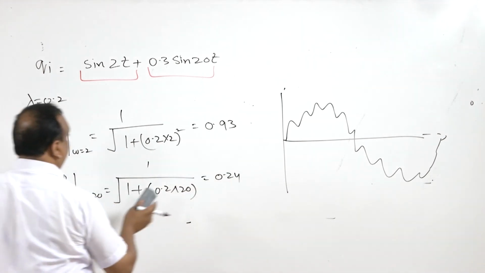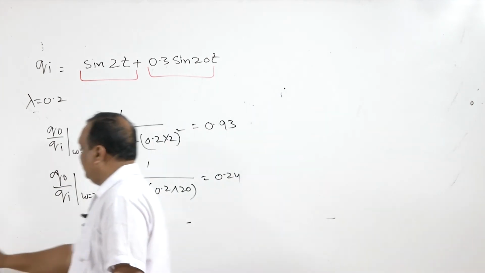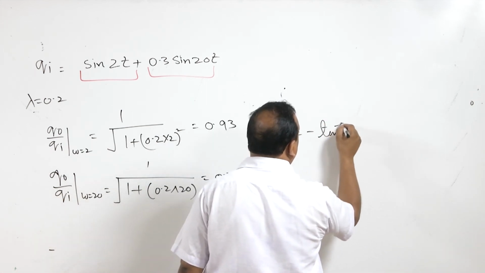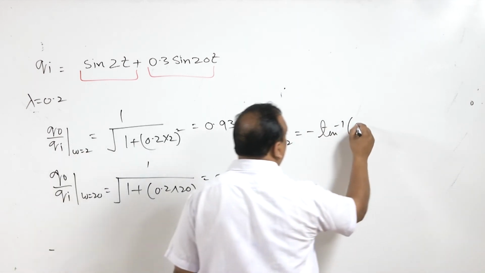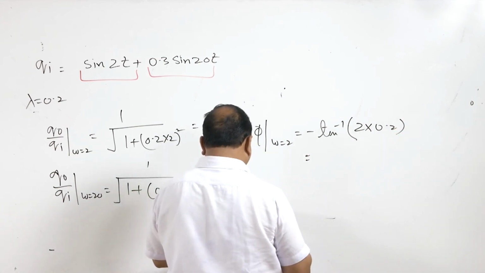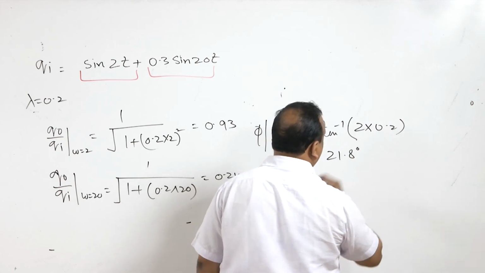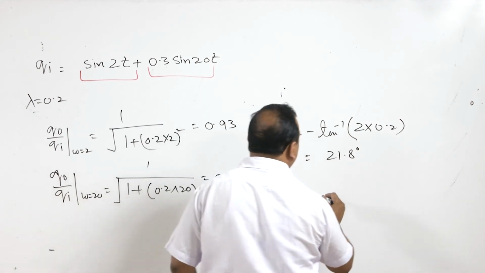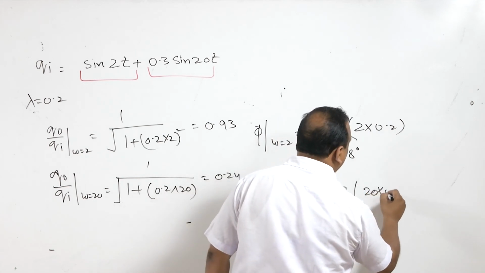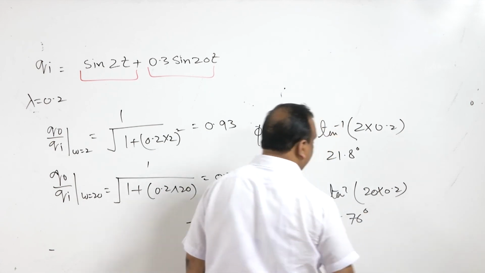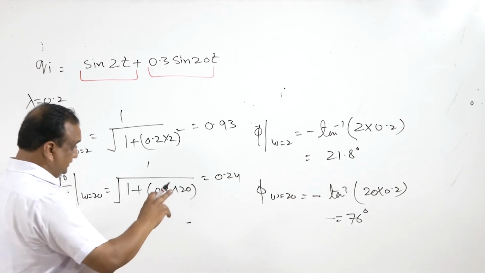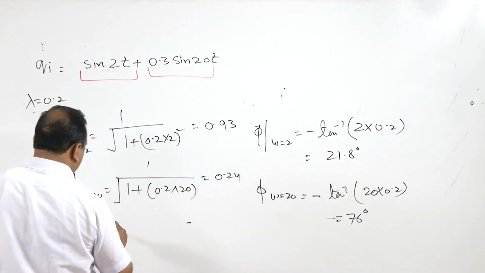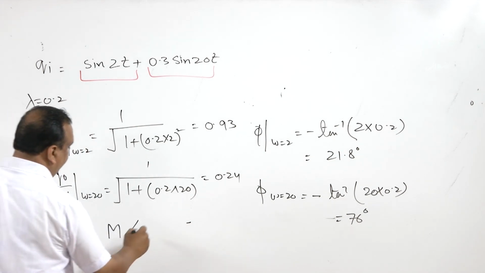Now, phi. Phi for omega equal to 2 is going to be tan inverse of omega lambda, so omega is 2 into 0.2, and that is going to be equal to 21.8 degrees. And phi for omega equal to 20 is equal to minus tan inverse of 20 into 0.2, and that is going to be equal to 76 degrees. The second thing is that when we express this response, we always express it in terms of M and phi.